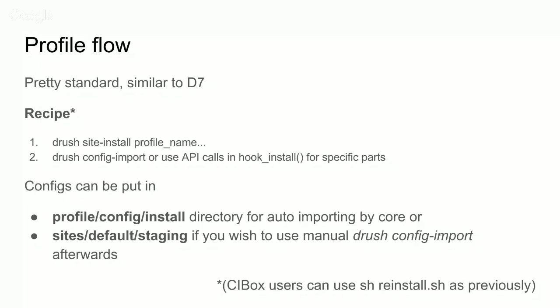Configs can be put in profile config install, a standard directory for using the configs by core, or by putting them into the staging file system for importing by drush config import afterwards.